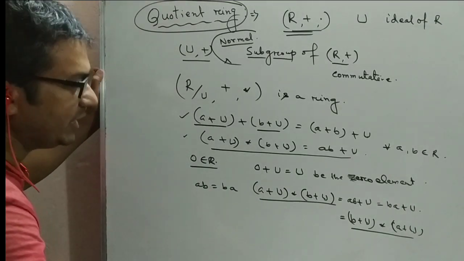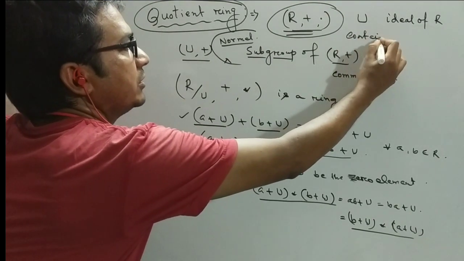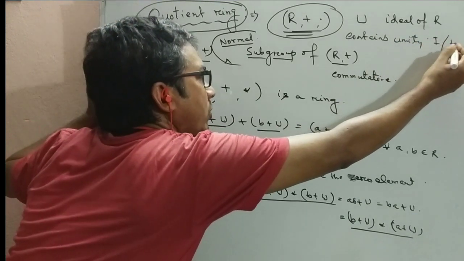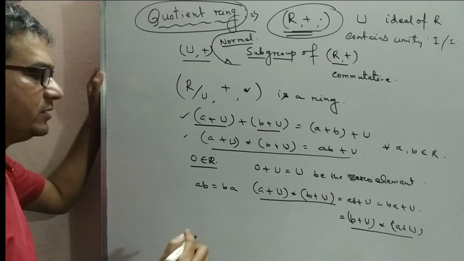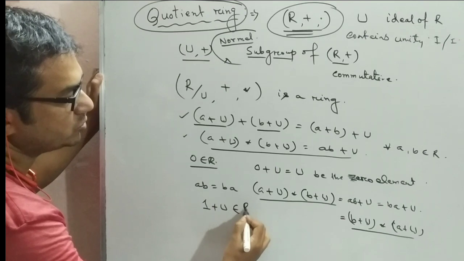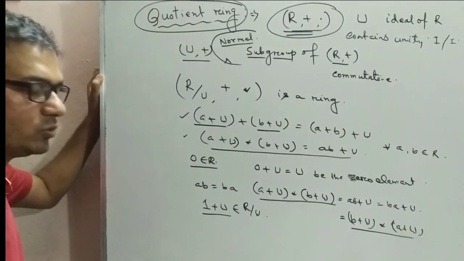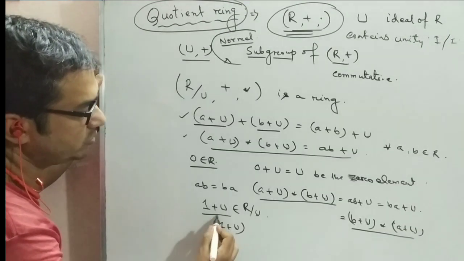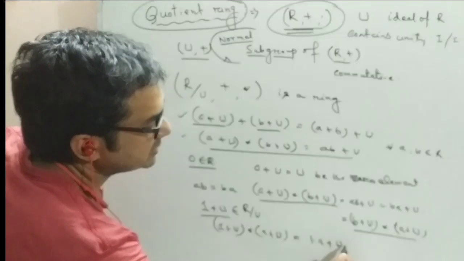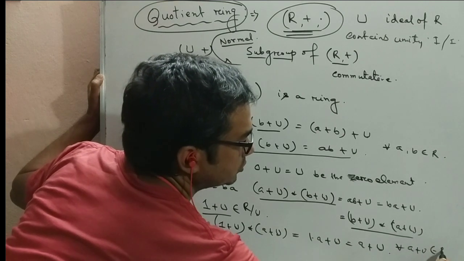Now, if this ring contains unity, I or 1, then here 1 + U must belong to R/U, and the property of 1 + U is (1 + U) * (A + U) = 1·A + U = A + U for all A + U belonging to R/U.